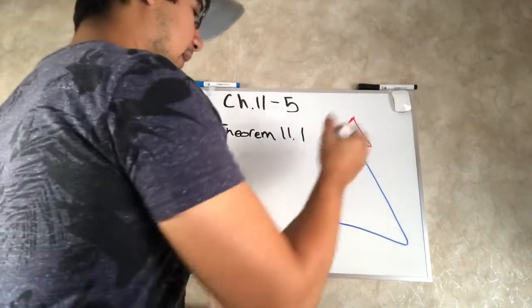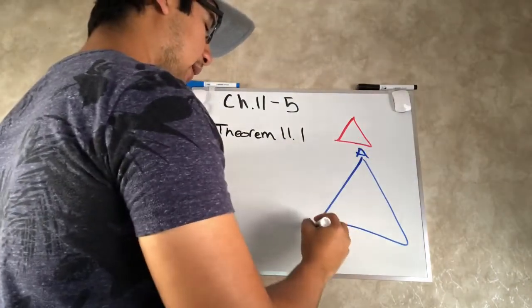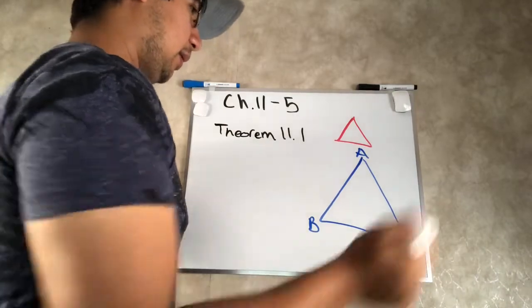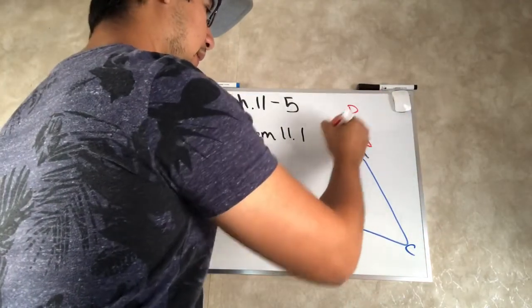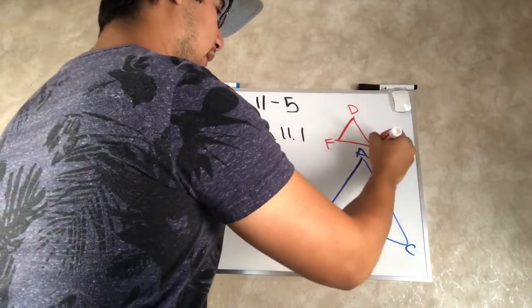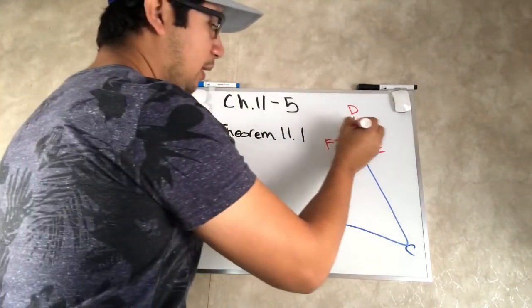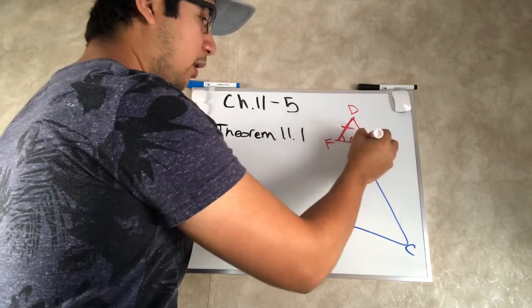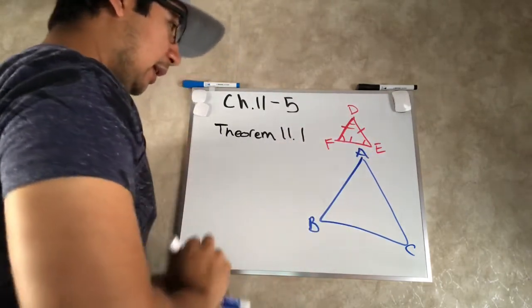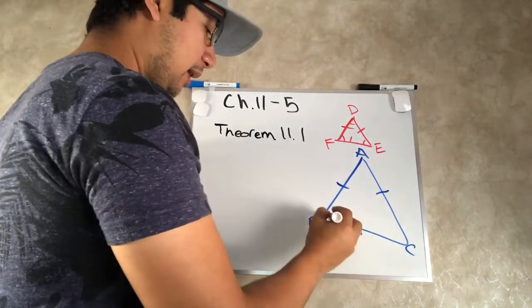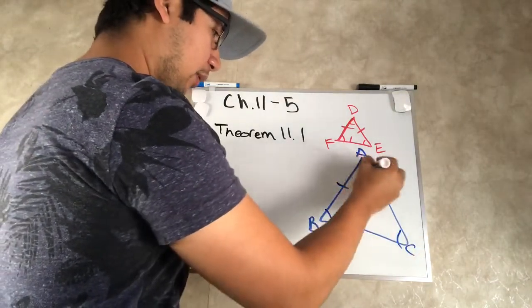Let's name this one A, B, C, and the other triangle D, E, F. Since these are regular polygons, all the sides are congruent and all the angles are congruent. The same thing with the blue one.